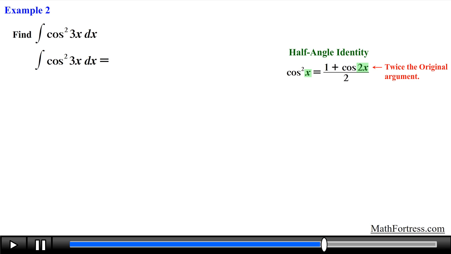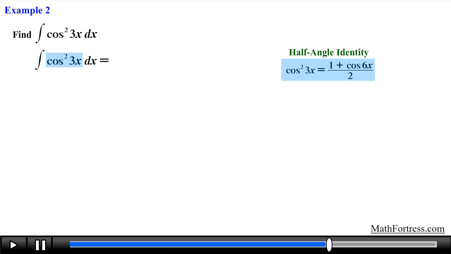This means that when we carry out the half-angle identity substitution, we need to make sure we double the argument for cosine. So we start by substituting cosine squared of 3x with 1 plus cosine of 6x over 2. Notice that we double the argument from 3x to 6x when we carry out the half-angle substitution.